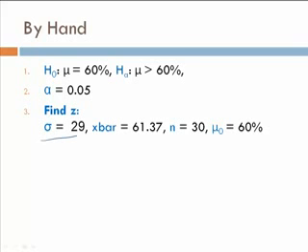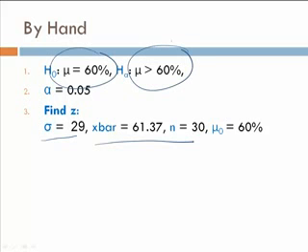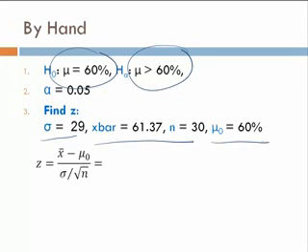We already know the population standard deviation that was given to us on the previous slide. Also on the previous slide we were given x bar and n, or we would have been given the data where we could calculate x bar and n. And because we know the alternative and the null hypotheses, we also know mu0.